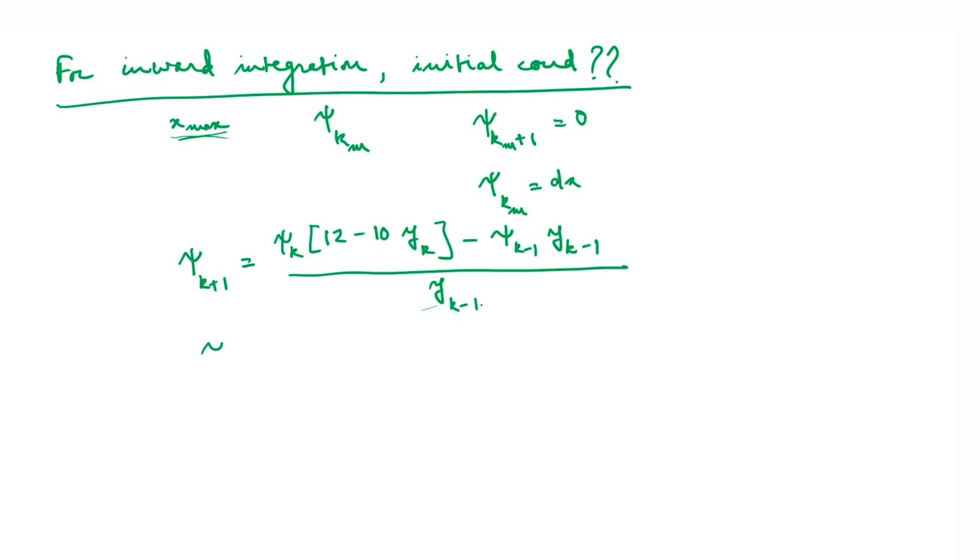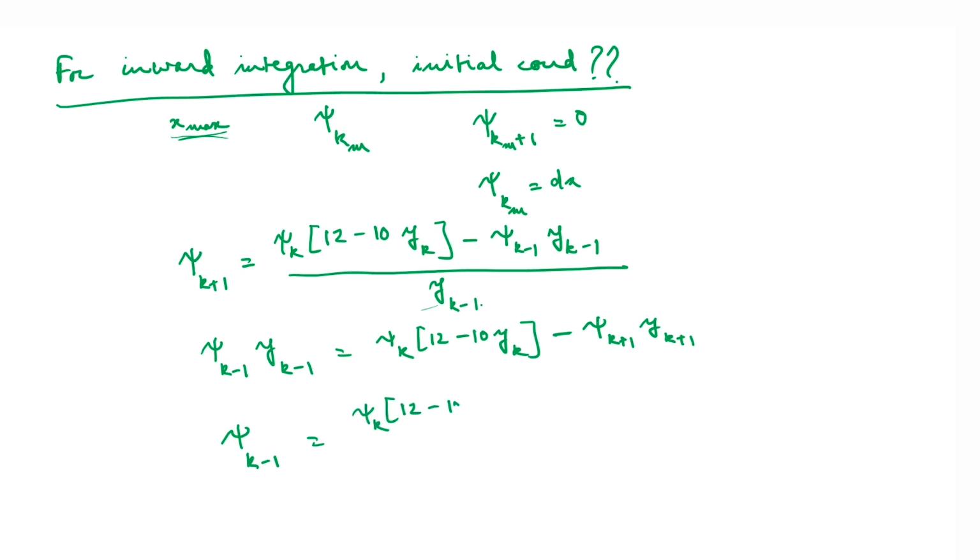If I do that, what I get is psi k minus 1 y k minus 1 equals psi k into 12 minus 10 y k minus psi k plus 1 y k plus 1. Therefore, my psi k minus 1 is equal to psi k into 12 minus 10 y k, minus psi k plus 1 into y k plus 1, divided by y k minus 1.